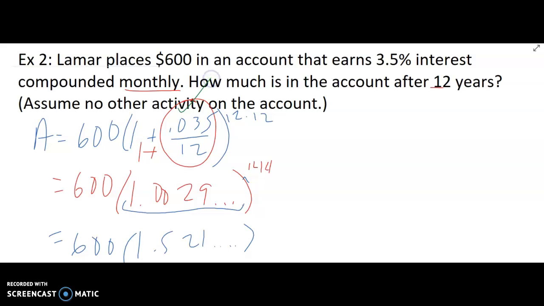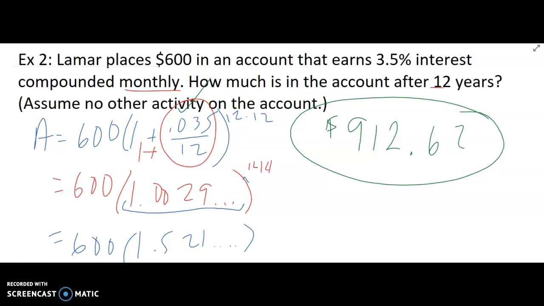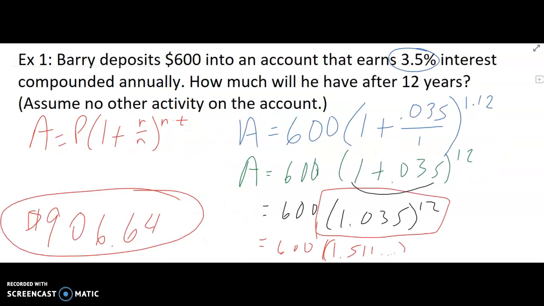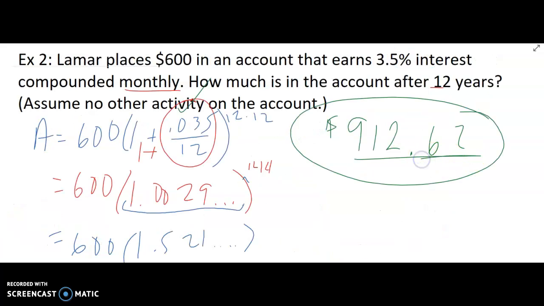So 0.035 divided by 12, enter, plus 1, enter, raised to the 144th power, enter, times 600, enter. Every time you just have to hit enter and it'll take you to the next piece. So I have $912.62. You'll notice in our first example, we had 906.64, and now we have 912.62.